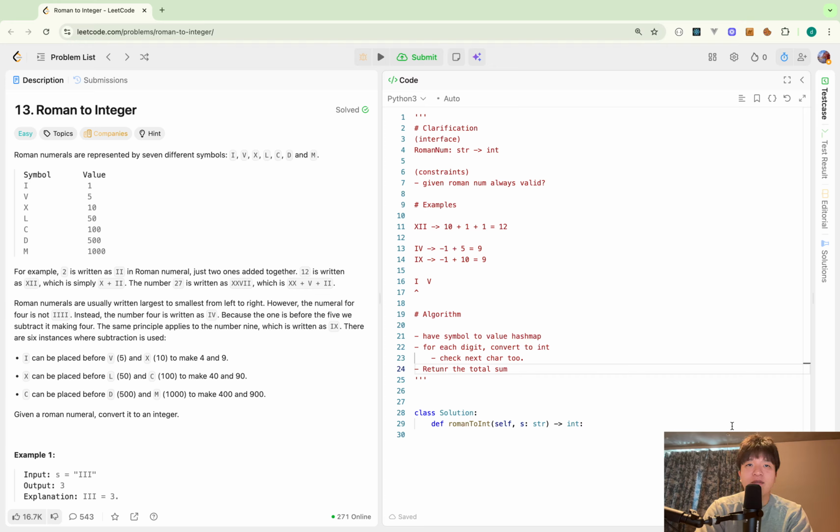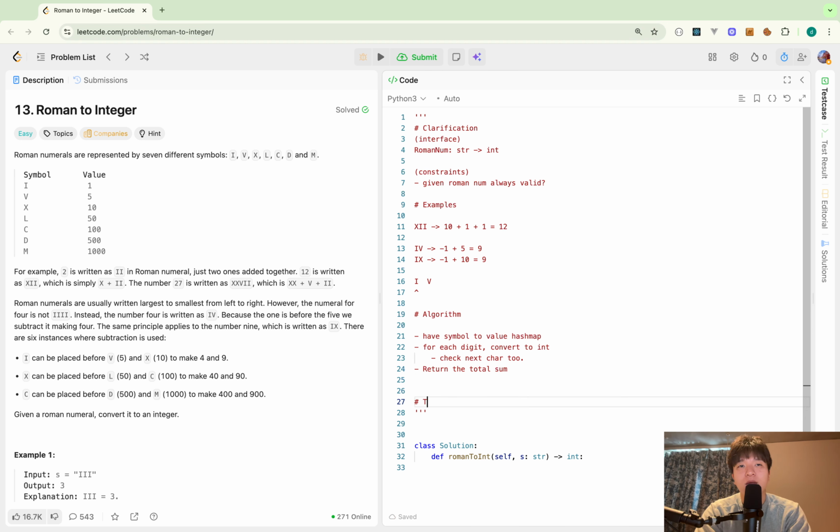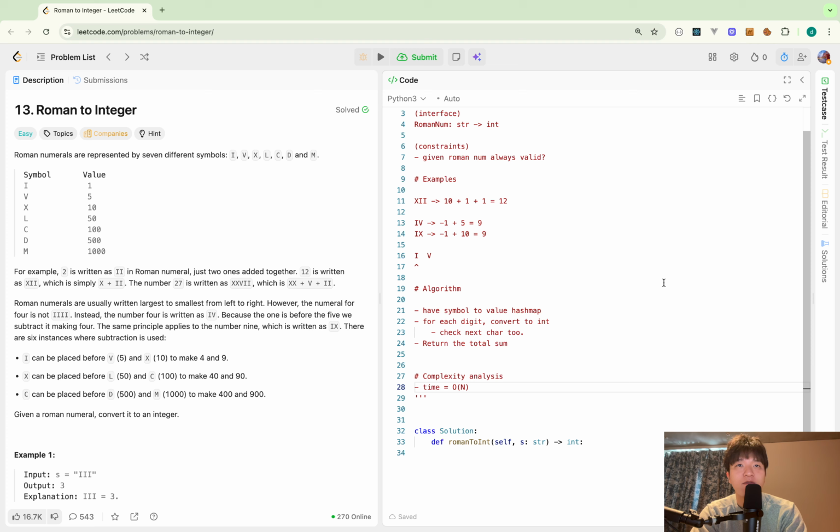Okay, let me get started with the implementation. Oh, by the way, the time complexity. Let me do the complexity analysis. The time complexity should be O of n, assuming that there are n characters in the given string, because all I have to do is a linear traversal.